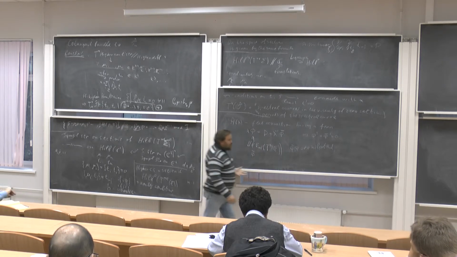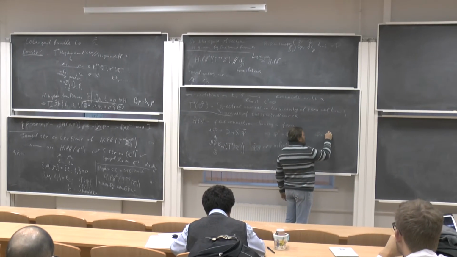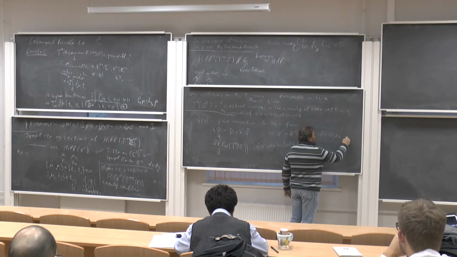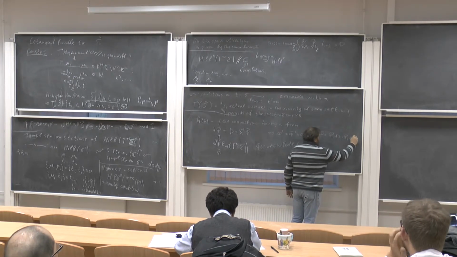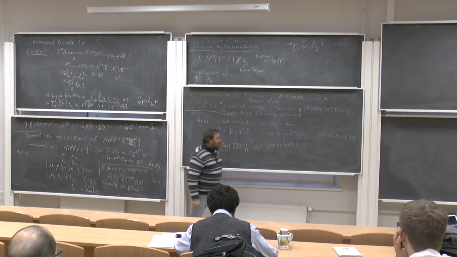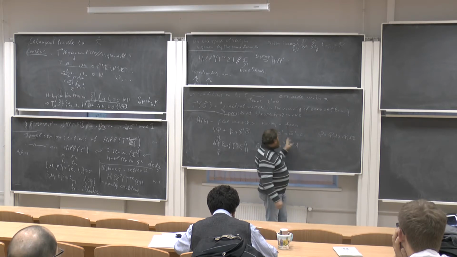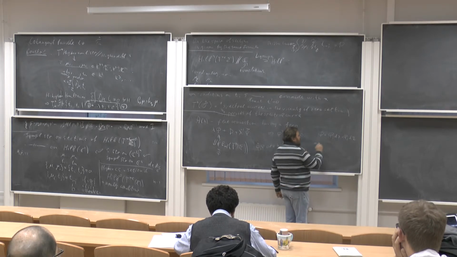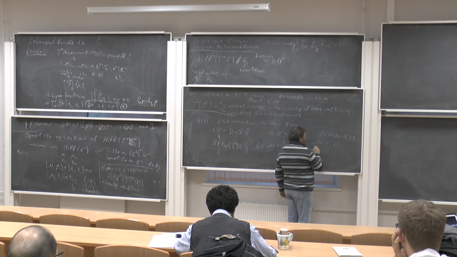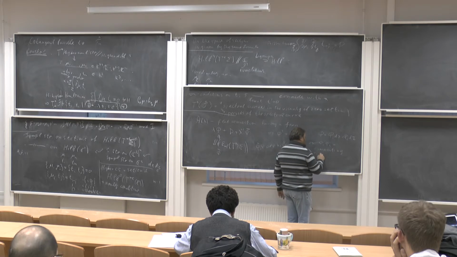If we impose this condition, then phi is equal to phi 1 dz plus phi 2 dz bar in any coordinates. I want these two matrices to be nilpotent, and this condition implies that phi 1, phi 2 are commuting nilpotent matrices.